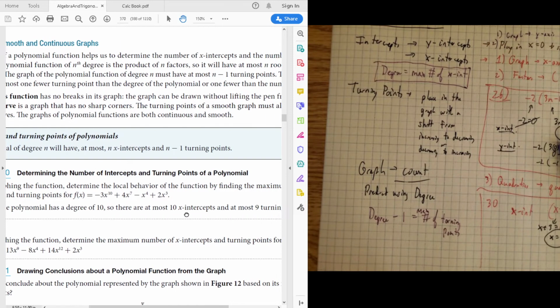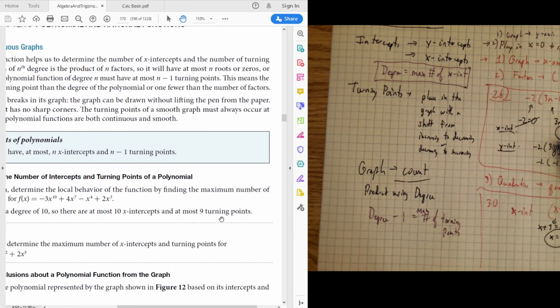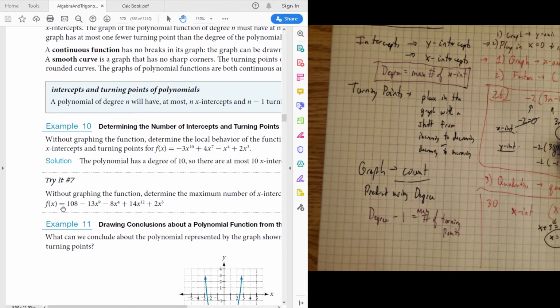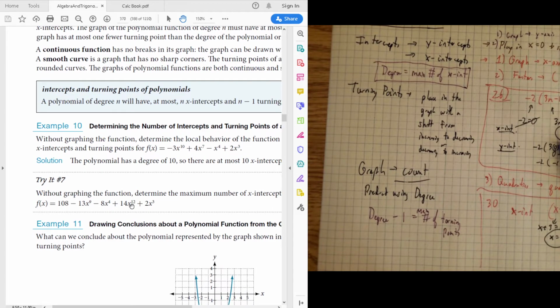That tells me there is at most 10 x-intercepts and at most 9 turning points. If you look here, 12. Notice how I disregard the 108, there's no x. I disregard the 9 because 12 is bigger. Same with the 4 and the 3. So the 12 is what's happening. This tells me that there are at most 12 x-intercepts and at most 11 turning points.